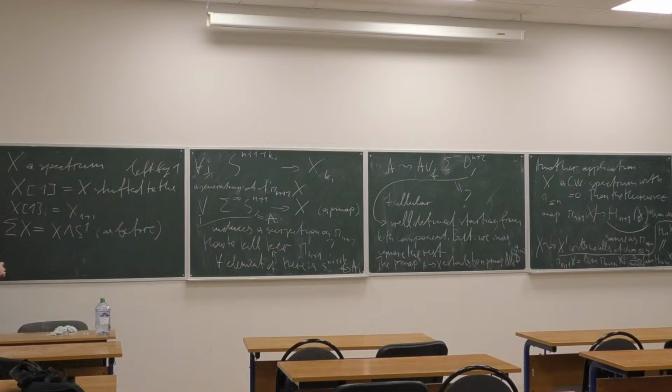The next operation is suspending, which we just take to be the smash product with S1. And my claim is that those two functors are isomorphic in the homotopy category.